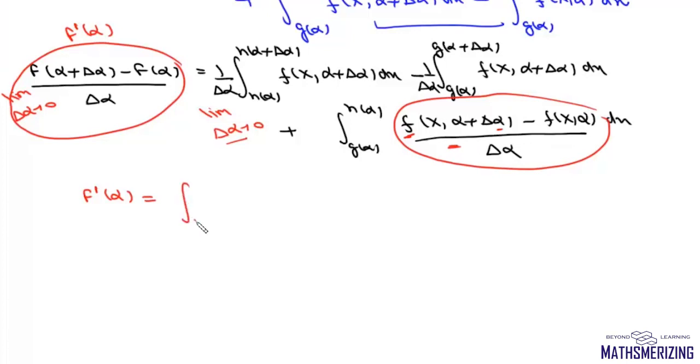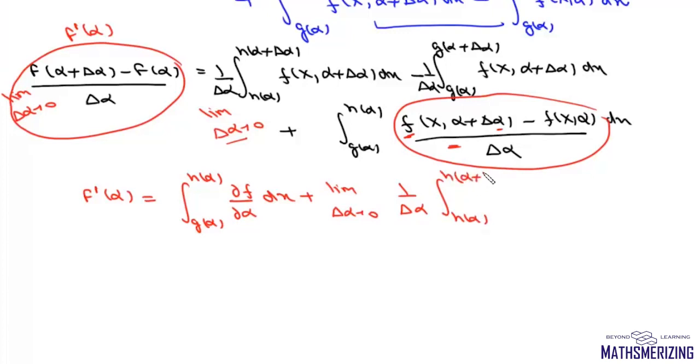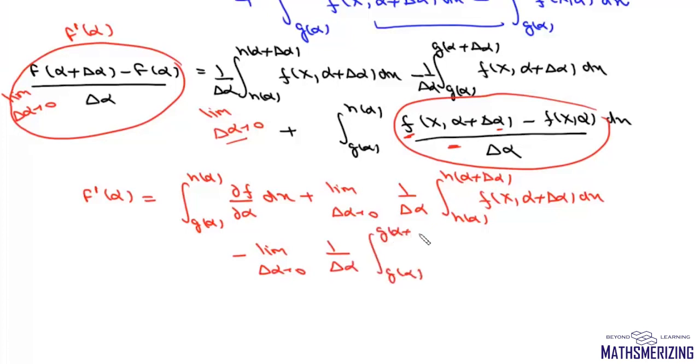So it'll be this integral from g alpha to h alpha of del f upon del alpha into dx, and then plus this limit delta alpha tends to 0 of 1 upon delta alpha, the integral from h alpha to h alpha plus delta alpha of f(x, alpha plus delta alpha) dx, and then minus this limit delta alpha tends to 0 of 1 upon delta alpha, the integral from g alpha to g alpha plus delta alpha of f(x, alpha plus delta alpha) into dx.